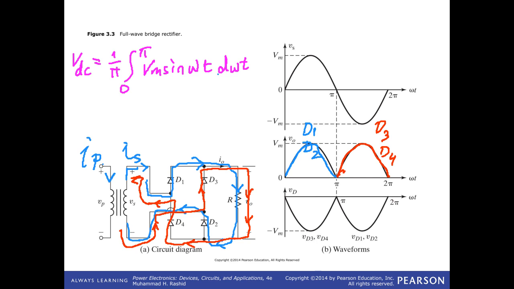If I calculate the average value for the first half, the same is going to be repeating for the negative half as well.